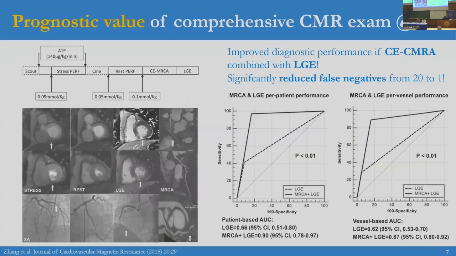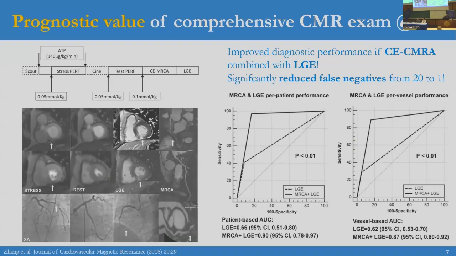This is a very nice study from Debbie Lee's group, who performed a comprehensive CMR exam, which matches the title of my talk. They combined stress perfusion with rest perfusion, LGE and CMRA. What they showed is that the area under the curve is improved when adding the information from the CMRA scan to the LGE.